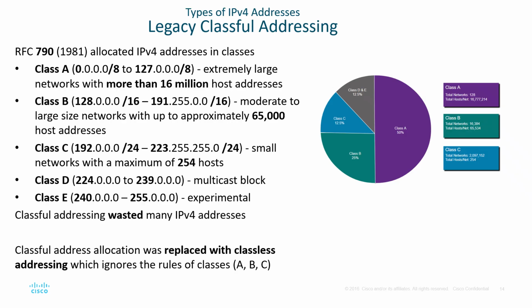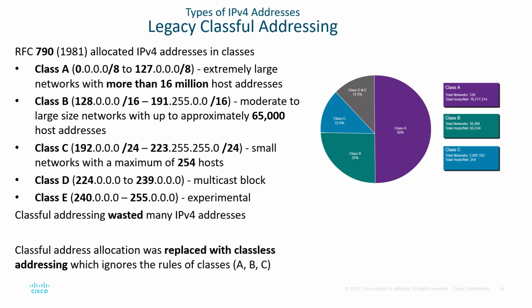Your class B is 128 to 191 with a prefix of 16. This is for moderate to large size networks up to approximately 65,000. So maybe your Walmarts, your BJ's, something like that. And then your class C, which is 192 to 224. I'm sorry, there's a typo there. That should be 224. Oh, I'm sorry.